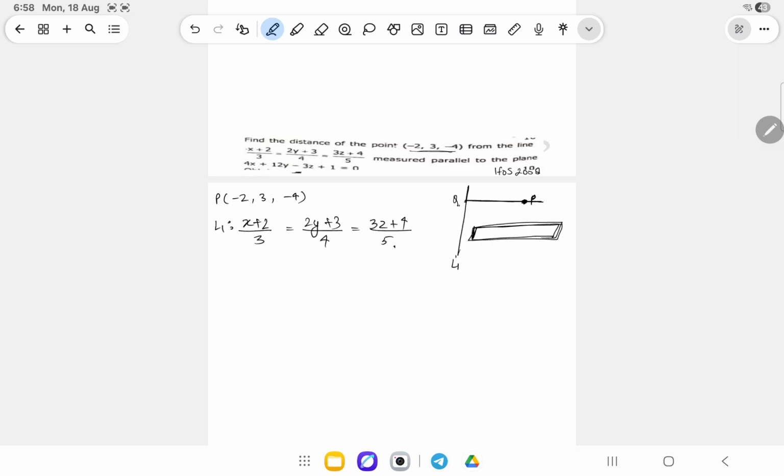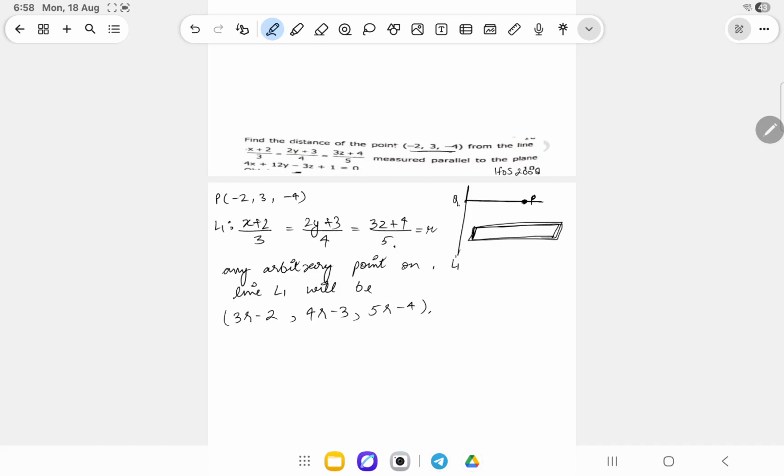So we have line L1 in symmetrical form, so we can easily calculate any arbitrary point lying on line L1. If we equate it with r, any arbitrary point on line L1 will be 3r minus 2, 4r minus 3 and 5r minus 4.